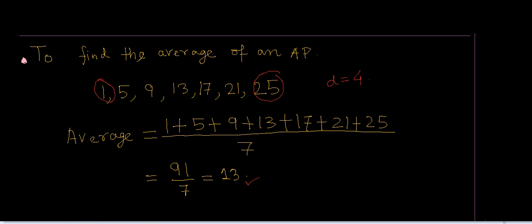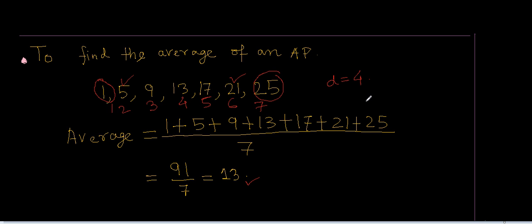Similarly, if we add the corresponding terms and divide by 2, we will get the same result, that is 13. For example, this is the first term, second term, third term, fourth, fifth, sixth and seventh term. The corresponding term of the second term is the sixth term.